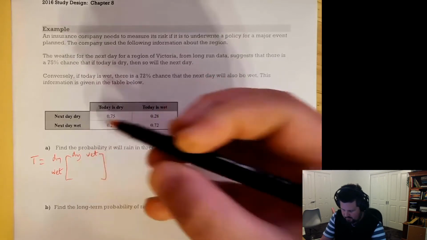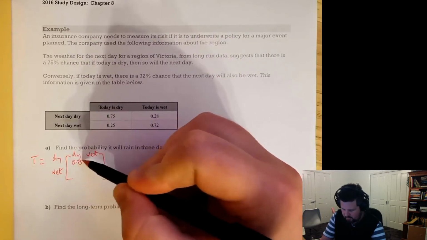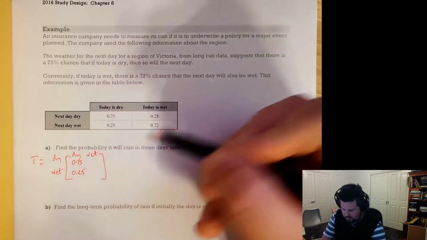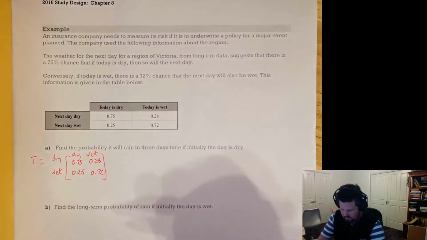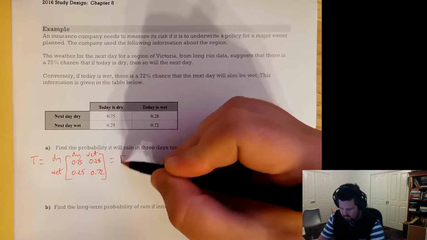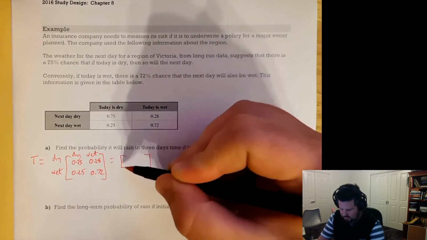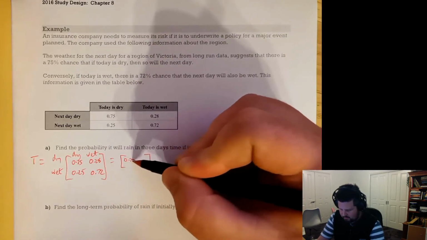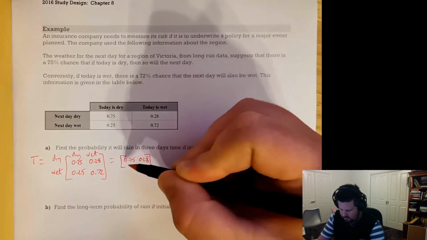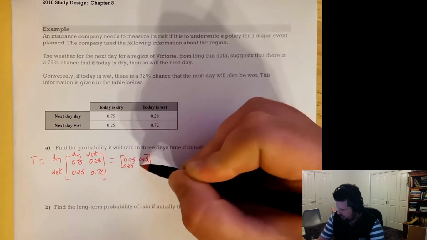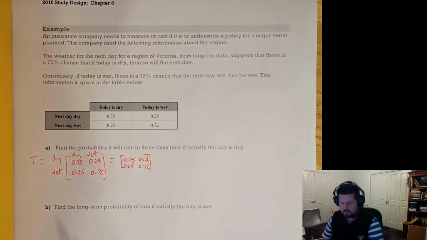That was 0.75, that was 0.25, that was 0.28, that was 0.72. As an actual transition matrix, 0.75, and 0.72.